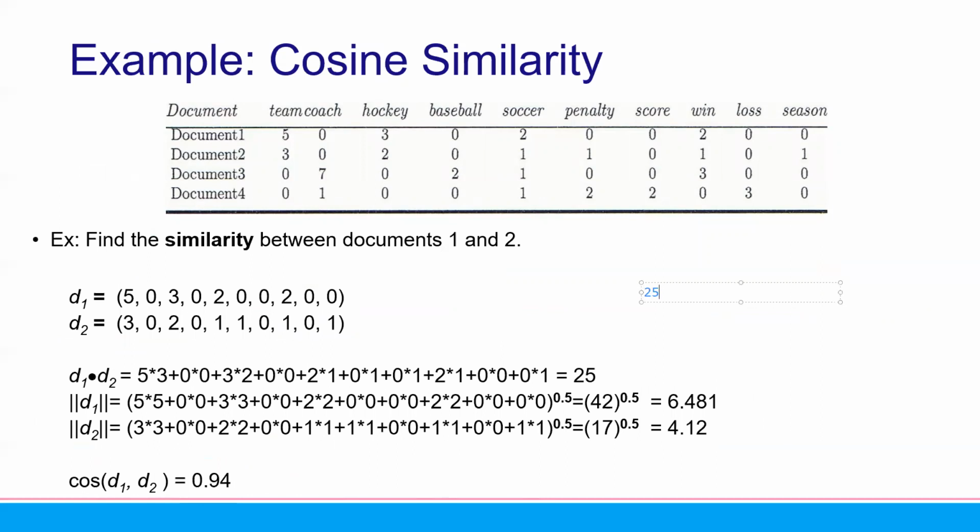So the problem will be 25 divided by 6.481 multiplied by 4.12. Okay. So the result is 0.94. Okay.